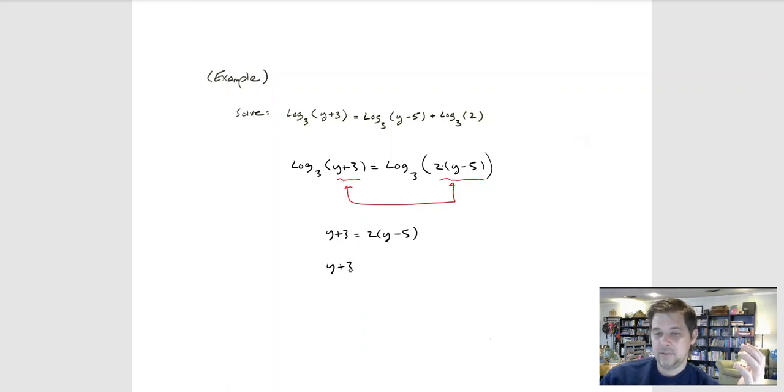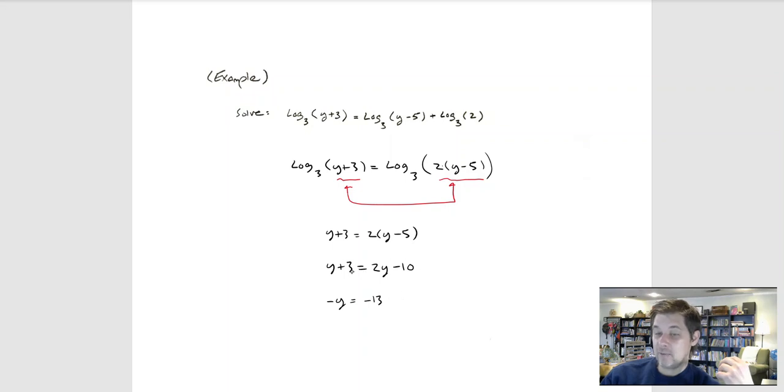I will multiply through there. I'll get 2y minus 10, okay. And then I'll combine the y's on one side and numbers on the other side. That's how I'd solve this particular equation. So if I took 2y and subtracted it from both sides, it'd be negative y. If I subtracted 3, I'd get negative 13, like that.